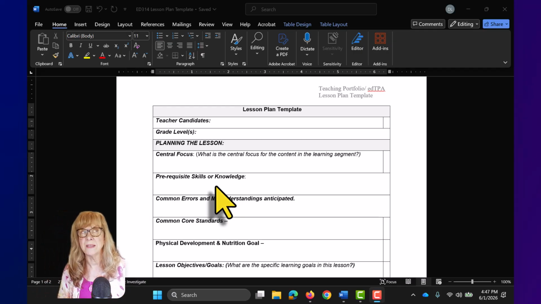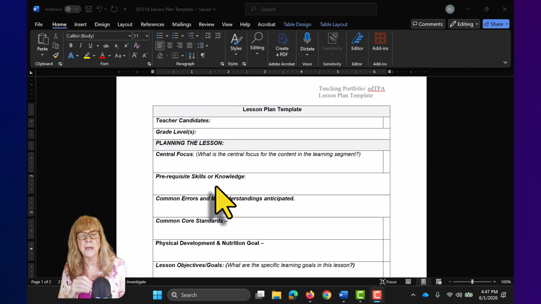Not just the numbers, like if it's a second grade lesson, 2.A 9.1, you want to write out the whole standard, okay? And if you're taking a specific part of that standard, write that specific part out, because a lot of times standards are broken out into substandards. So if you're really addressing a substandard within your lesson, then just write that. So numbers, and then fully write out the standard.